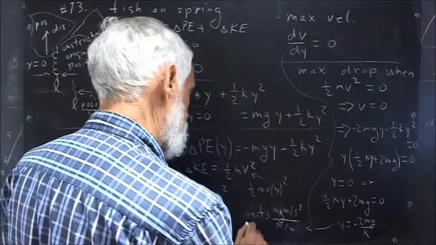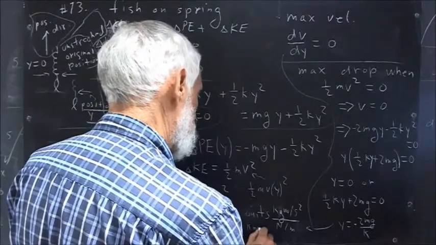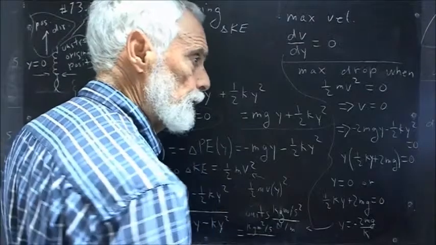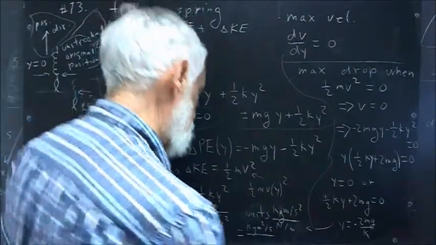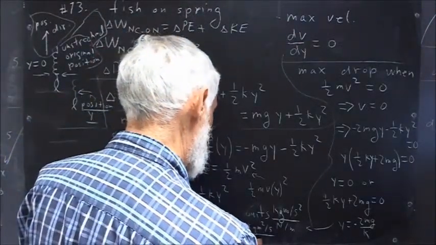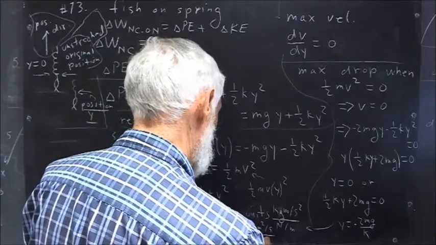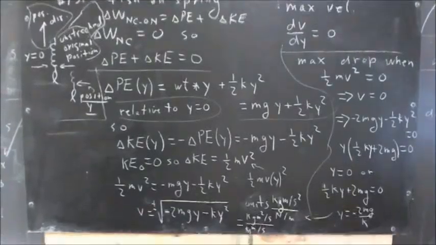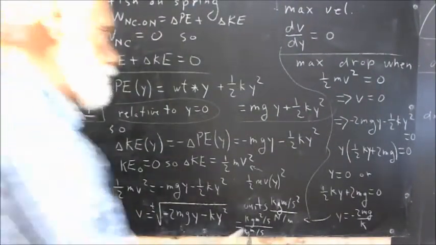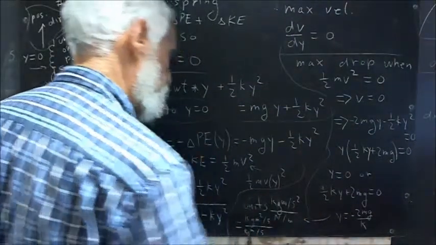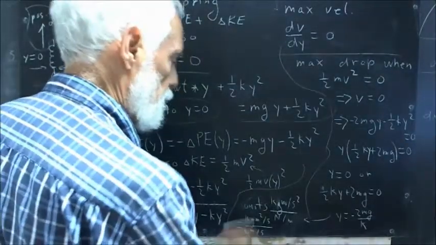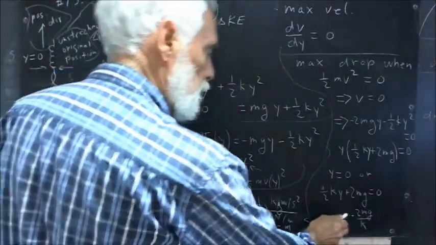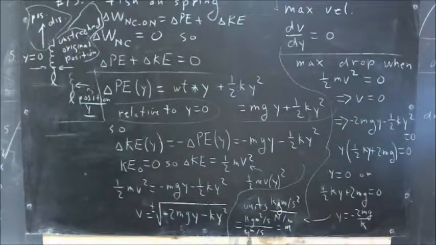That equals kilogram meters squared per second squared, divided by newtons, and newtons are kilogram meters per second squared. Make sure that camera's all the way down there so we can see what I'm writing. Don't have a lot of room here. Everything here divides out except the meters. So we do get units of meters. The dimensions work.